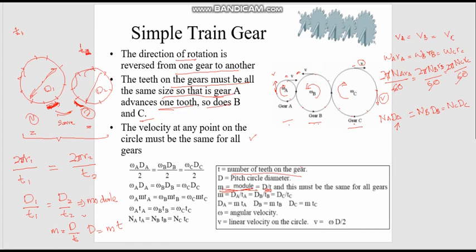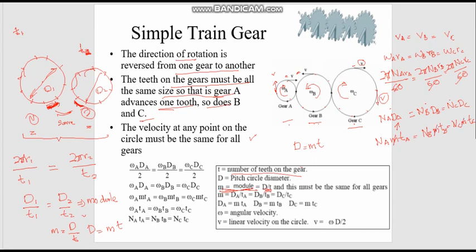So with that in mind, I can replace d with m times t in every part of this particular equation. So this becomes na times m times ta equals nb times module times tb, the number of teeth of gear b, equals nc times module times tc, and I can cancel m.